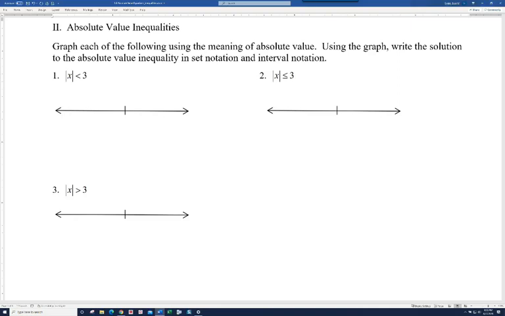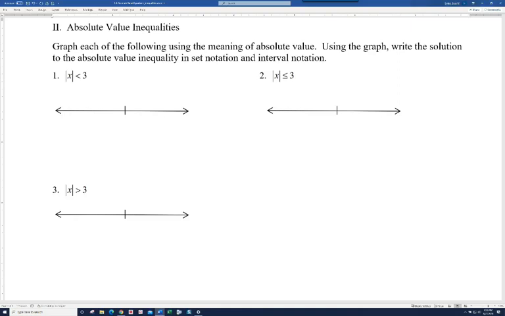So let's talk now about absolute value inequalities. It says graph each of the following using the meaning of absolute value. Using the graph, write the solution to the absolute value inequality in set notation and interval notation. All right, so first of all, we have the absolute value of x is less than 3.